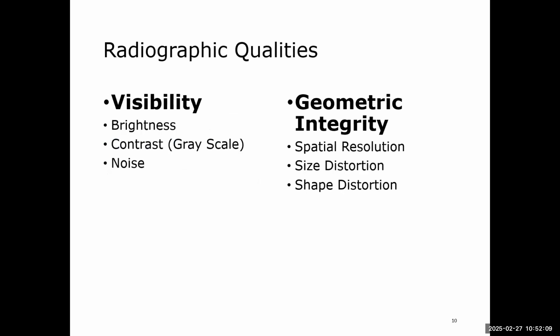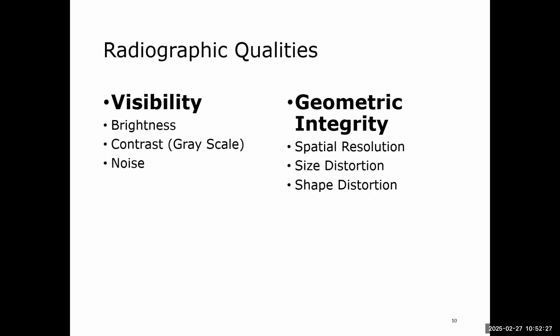So when we talk about the radiographic qualities, we can break those down into two big categories. We can talk about the visibility of details, and we can talk about the geometric integrity, or the recorded detail, which is an older term.